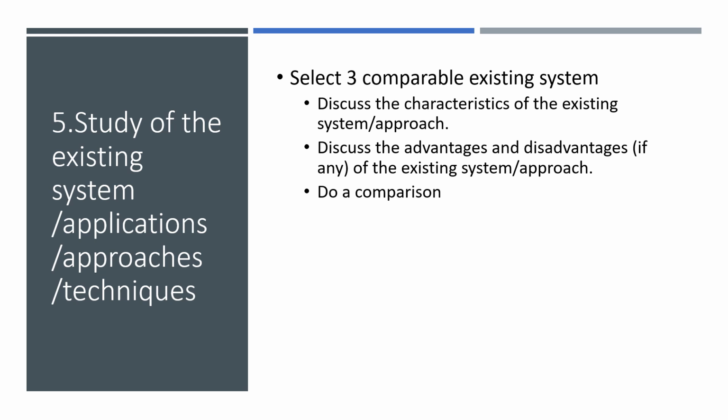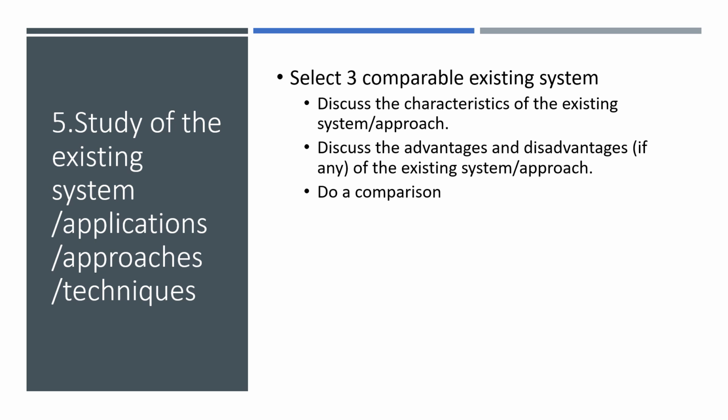It will ease you to do the comparison. Sometimes they don't allow any user to enter the system, so it is difficult for you to know what is inside. So please find a more general system.